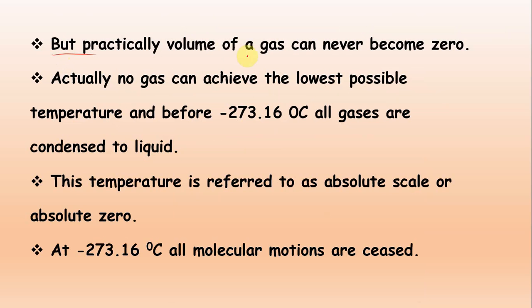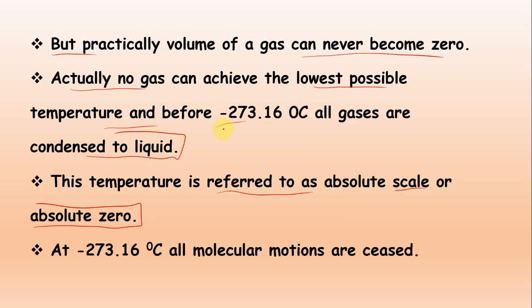But practically the volume of a gas can never become zero. Actually, no gas can achieve the lowest possible temperature, and before minus 273.16 degrees Celsius, all gases are condensed to liquid. They will become liquid. So this temperature is referred to as the absolute scale or absolute zero.